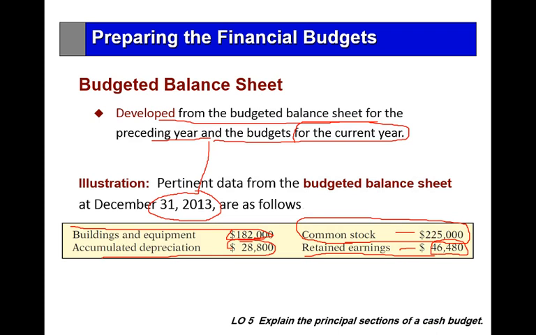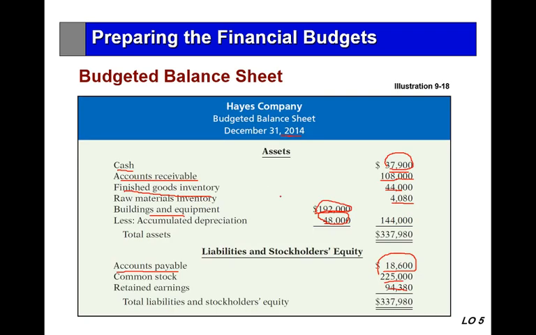Then we have the total of $48,000. 192,000 minus $48,000, then we reach the net carrying value, which is 144,000.